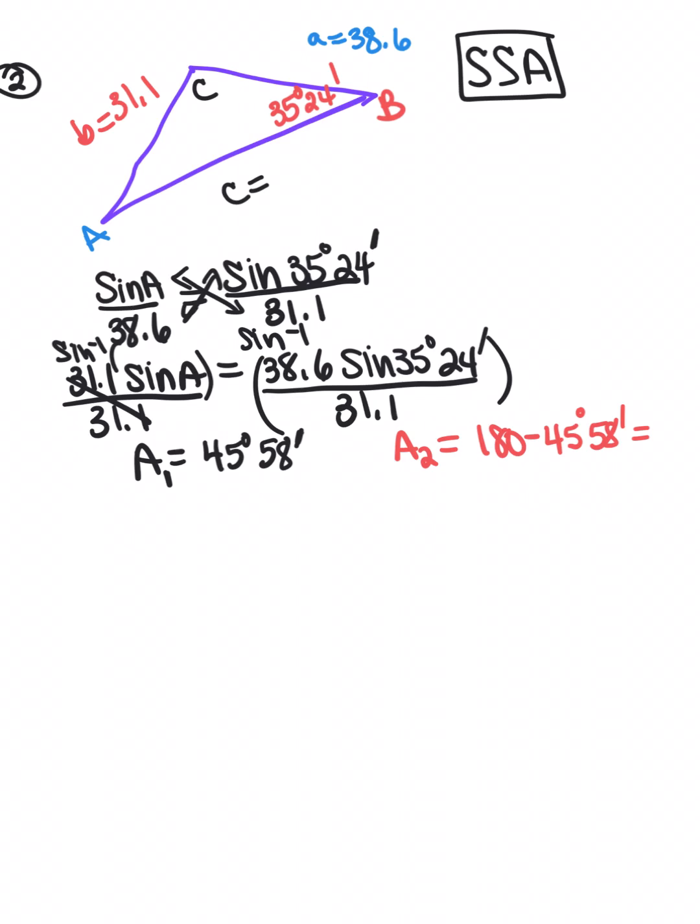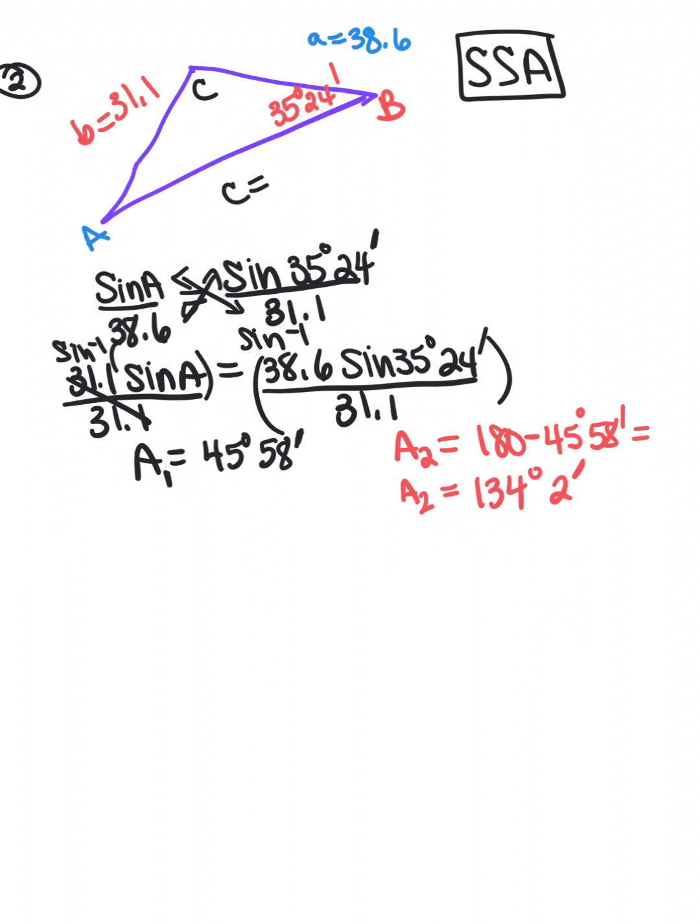So we're going to hit 180 minus 45, second angle, get the degree symbol, 58, second angle, get the minute symbol, hit enter, and then we're going to hit second angle option 4. We'll convert it to DMS, so angle A2 is equal to 134 degrees and 2 seconds.